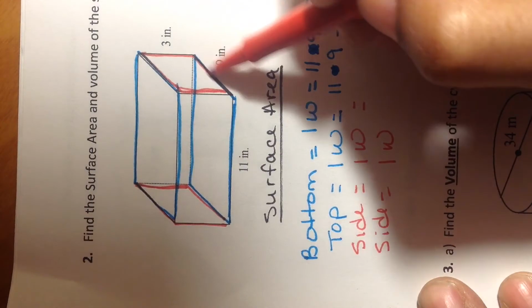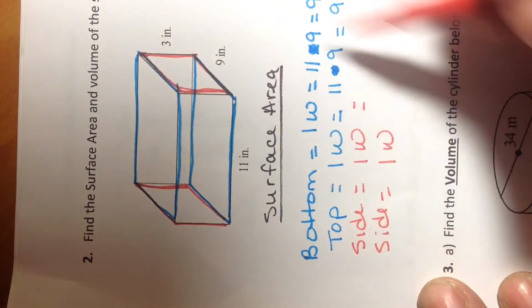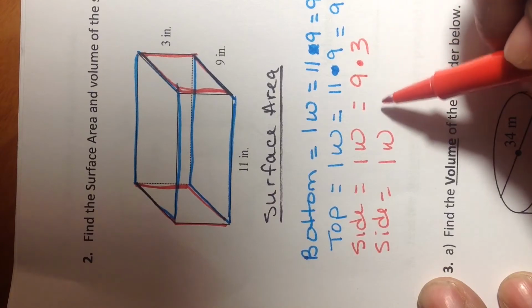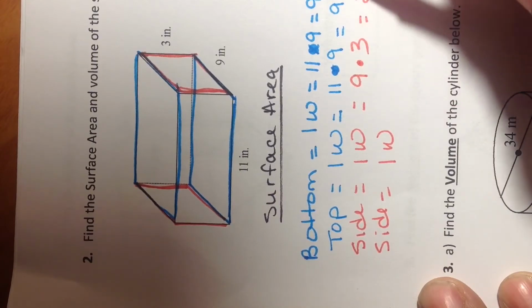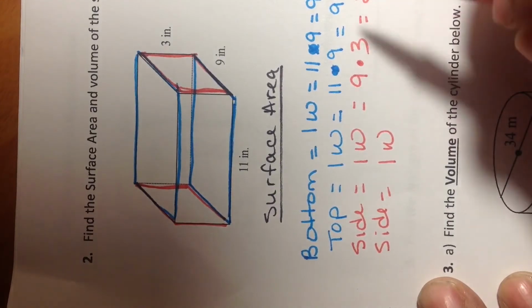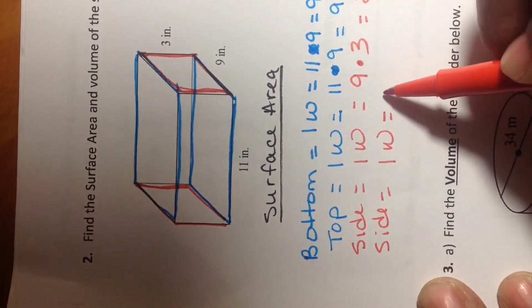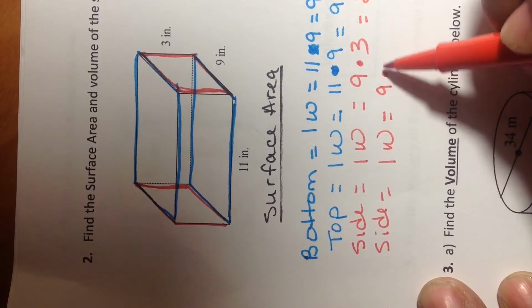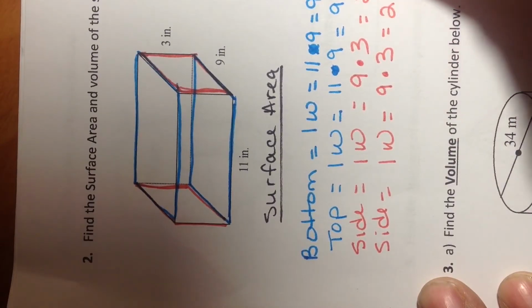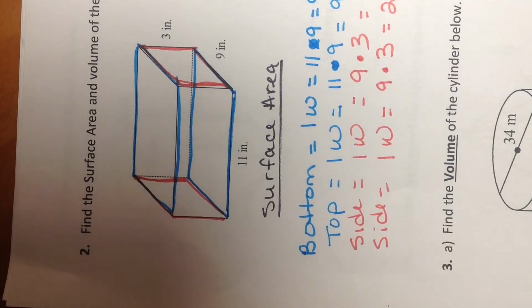The length of this is 9, the width is 3. So this is a 9 by 3, which gives me 27 inches squared. My other side is identical to that, so it's 9 times 3, and it gives me 27 inches squared. Alright?